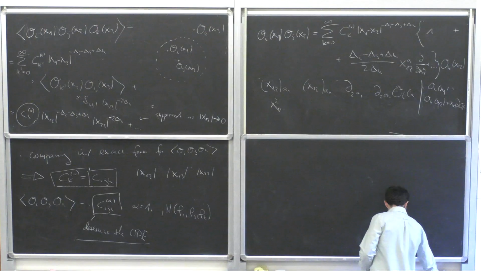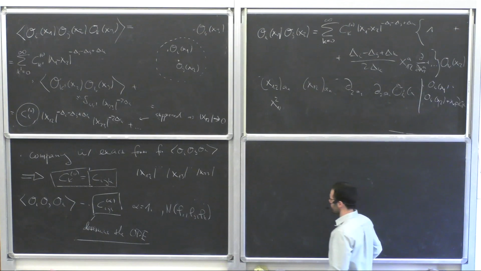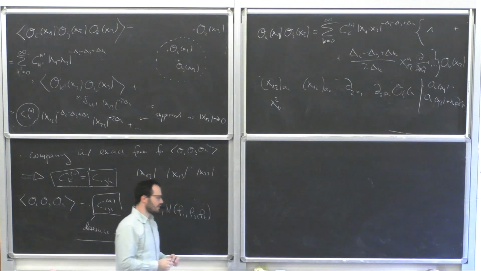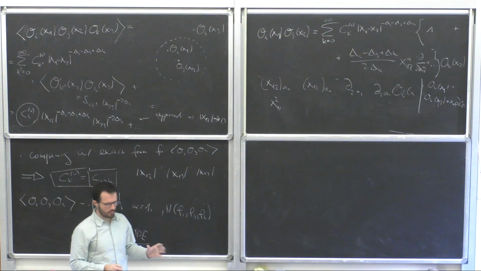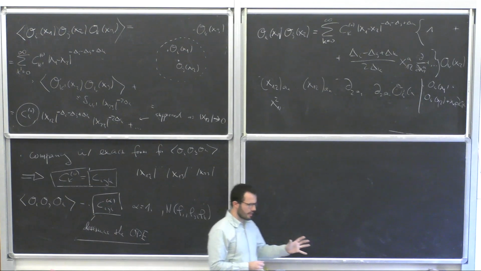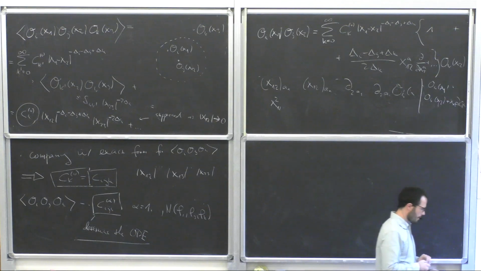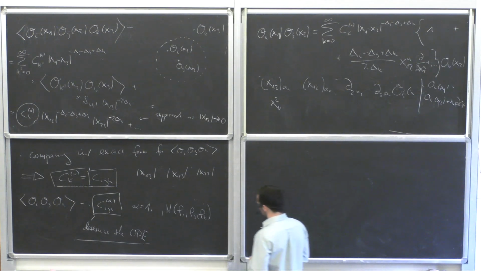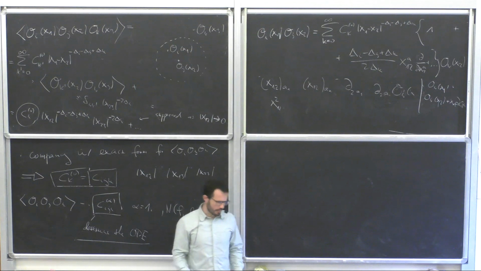So now we have some data. So far the data is the spectrum, so deltas and rhos, and the C_ijk. The point is that we can use this data to compute all n-point functions.